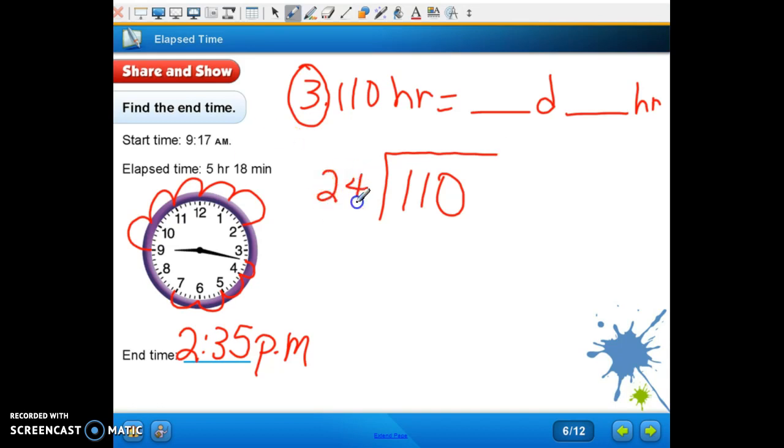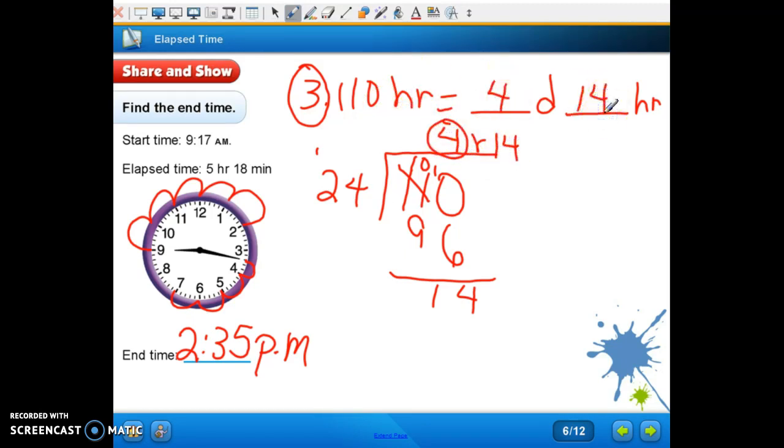So what did you guys get? 4. 4 times 4 is 16. Carry a 1. 4 times 2 is 8. Plus 1 is 9. Then if I subtract that, I get 14. So I have remainder 14. So the 4 here is my days, and the 14 here is my hours.